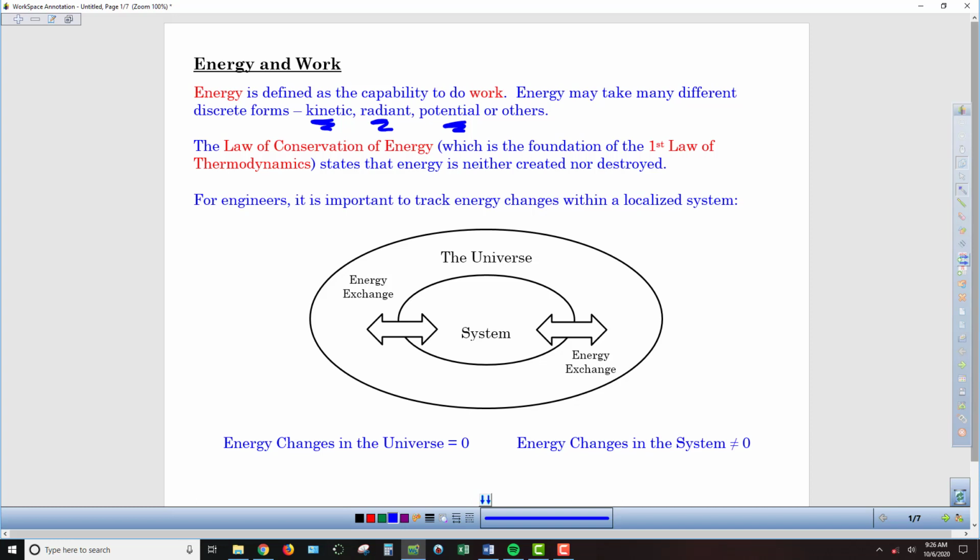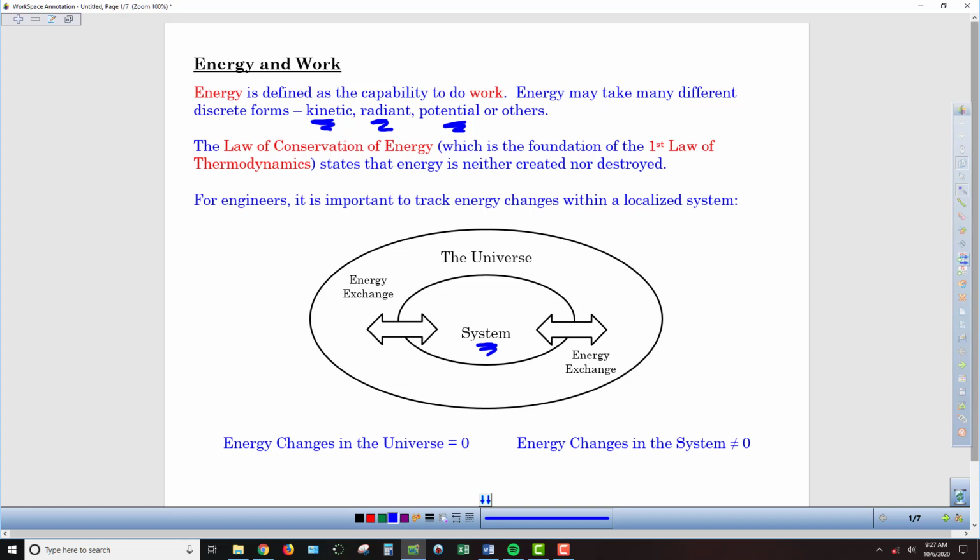Now for engineers, depending on what we're working on, it's important to keep track of energy changes within a system. So if we think of the universe as being the general surroundings, we might have a localized system that we're concentrating on, and we want to see how energy is exchanged between the boundaries of that system and the surroundings and the universe around it.